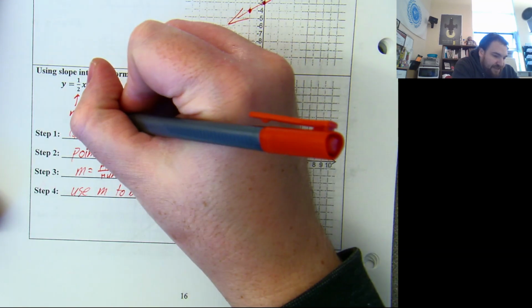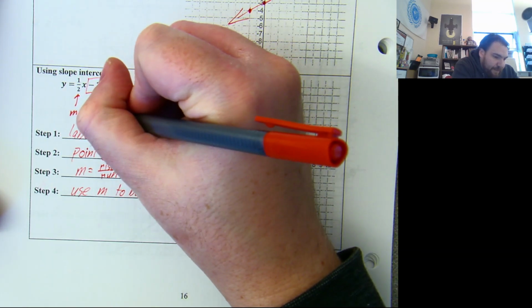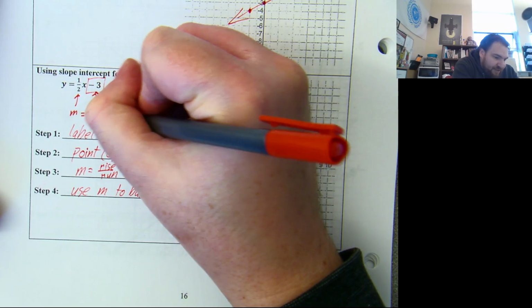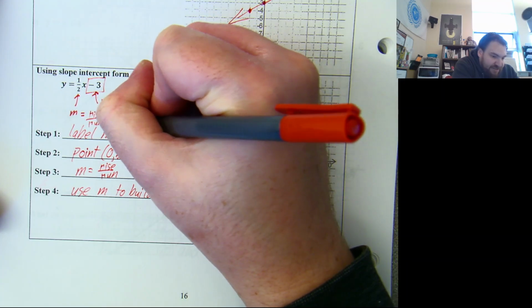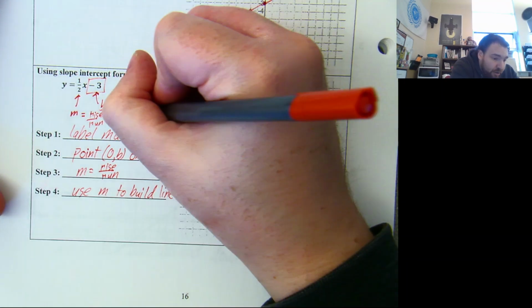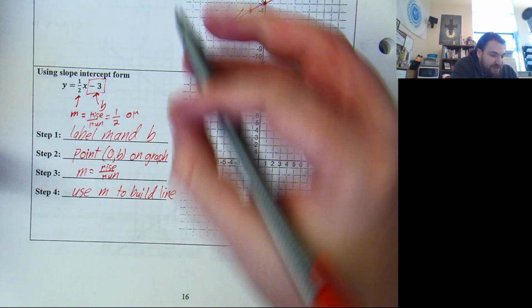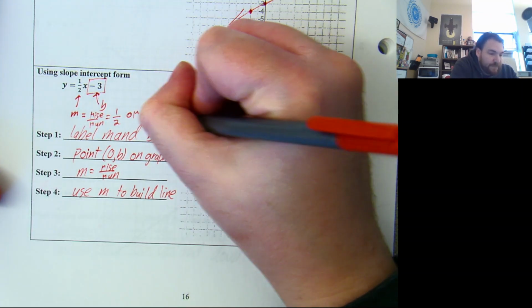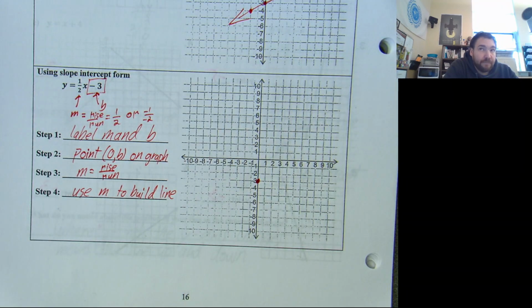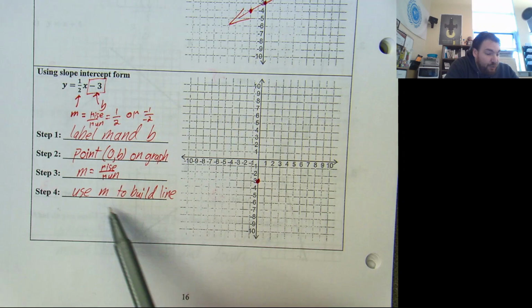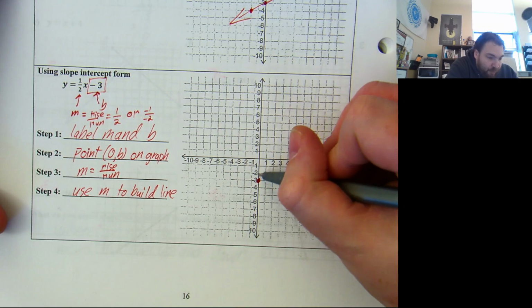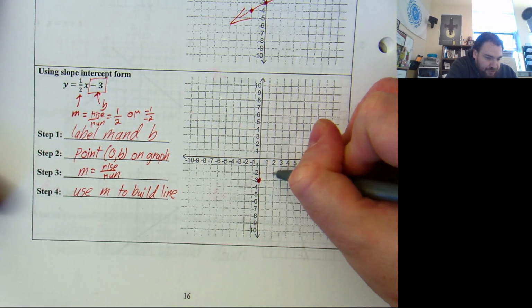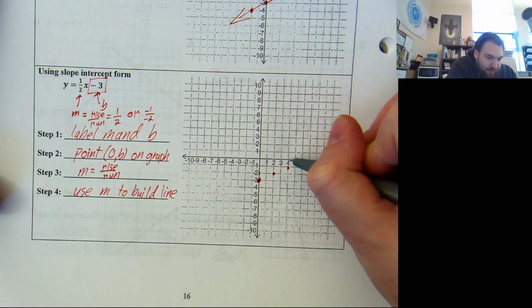Remember, it's rise over run. So the rise is +1, the run is +2. Or if the fraction's positive, they could both be negative. And now we can use M to build the line. If the rise is 1, we're going to go up 1, and the run is 2, we're going to go over 2. Up 1, over 2, up 1, over 2.